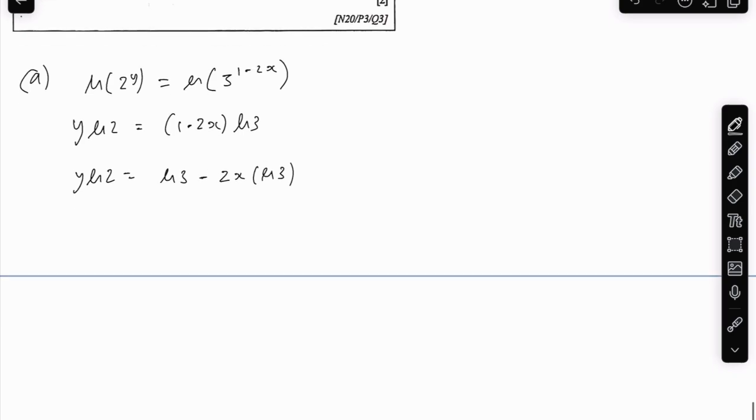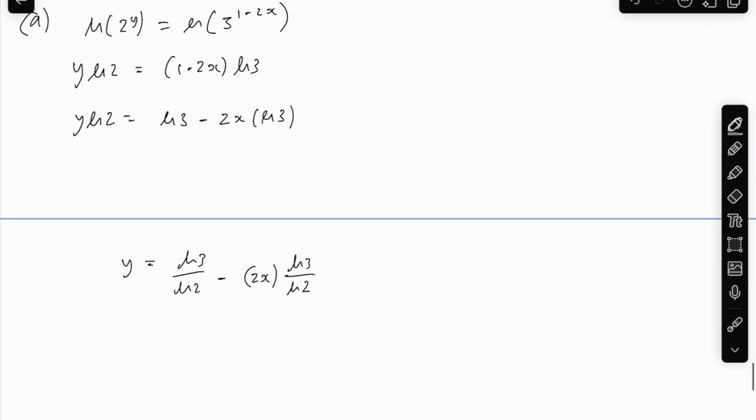From here we can say that y is going to equal ln 3 over ln 2 minus 2x ln 3 over ln 2.